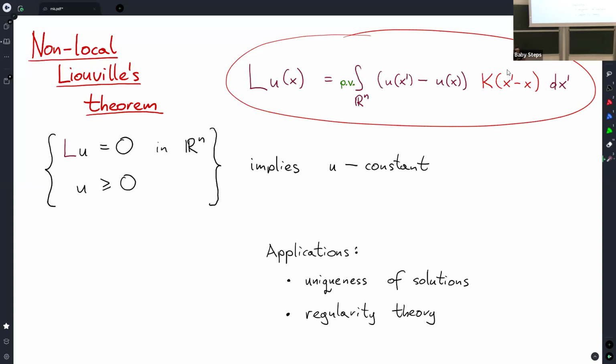The standard way to do that is the blow-up method, so you zoom in around a point where the solution would be too singular. By zooming in, you approximate a solution of a linear equation with right-hand side equal to a constant. You can move that constant from the right side to the left side and make it 0. And then you use the Liouville theorem to deduce that you get an absurdity: the solution is constant, even though you assumed that it is not.